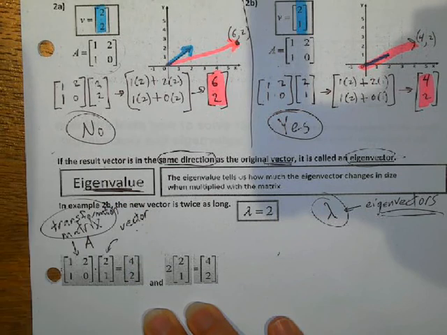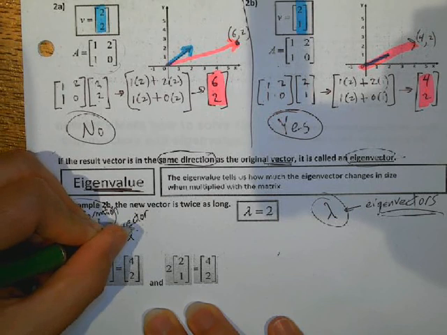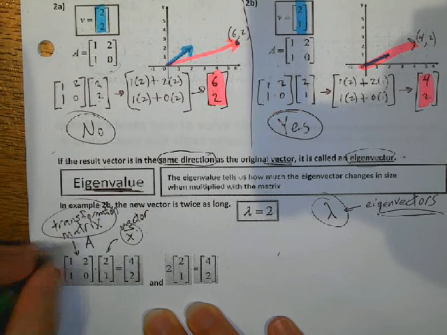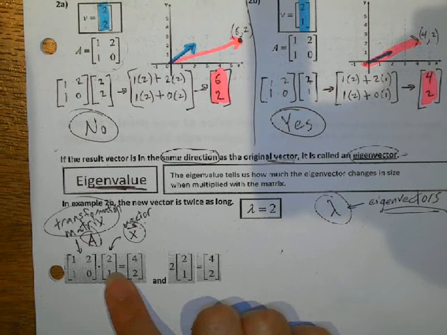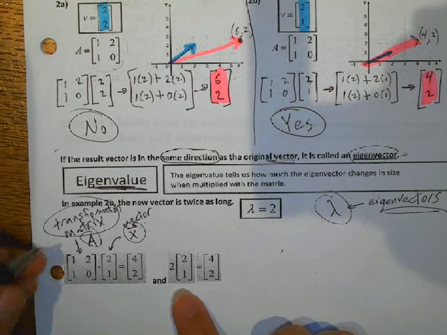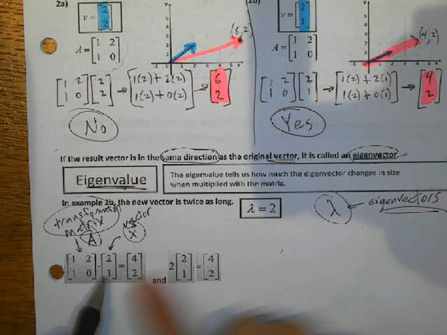I'm going to call our vector x with a little line and a little arrow. So here we have our matrix A. We've got our vector, and when we multiplied our transformation matrix to our vector, we got 4, 2, didn't we?